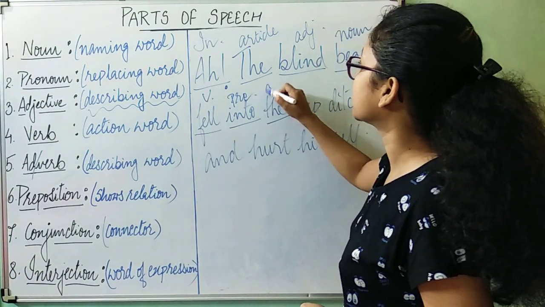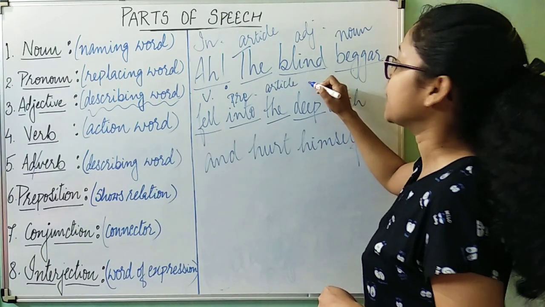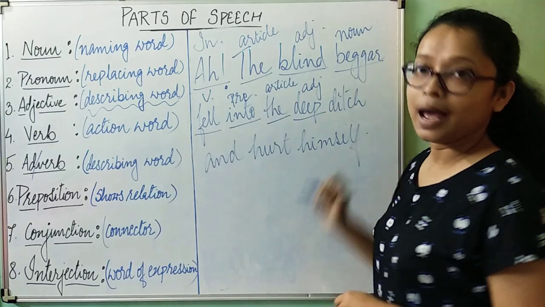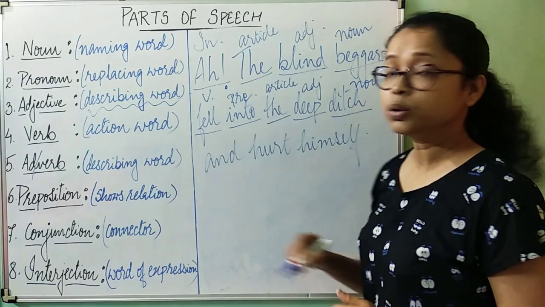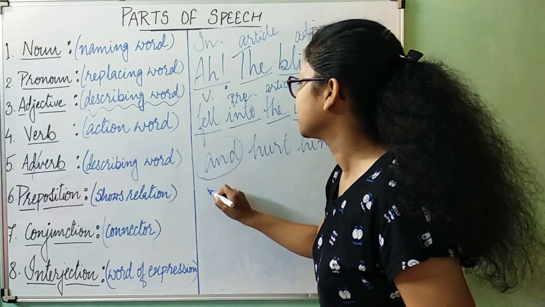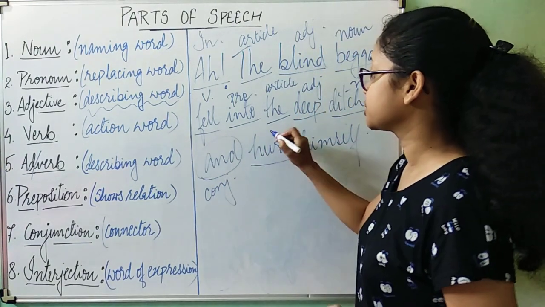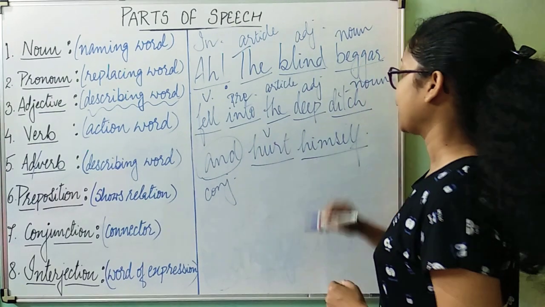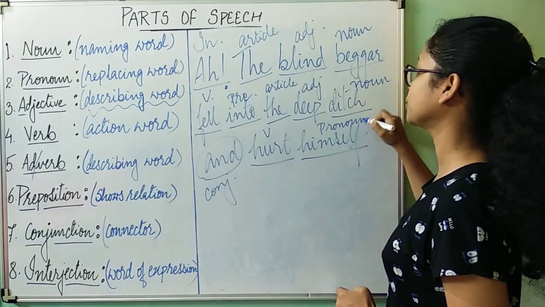The is again an article. Deep is again an adjective. Ditch is a noun. And is a conjunction. Hurt is again a verb. And himself is a pronoun.